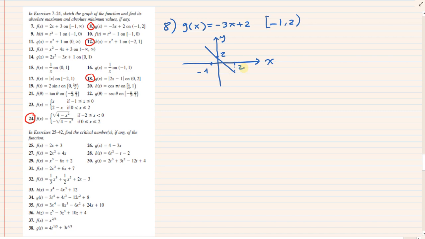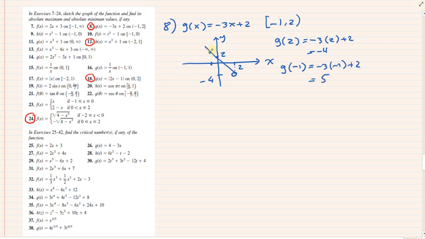It's an open interval at 2, so we're going to use an open circle there, meaning not included, to emphasize that. Now g at 2 is -3 times 2 plus 2, or -4. So this point is at -4. And then when x is -1, g at -1 is -3 times -1 plus 2, or 5.